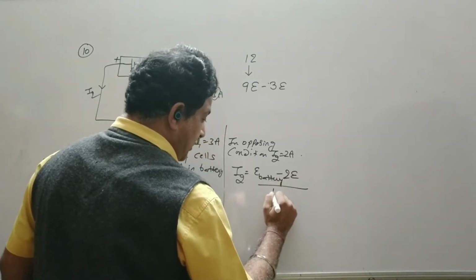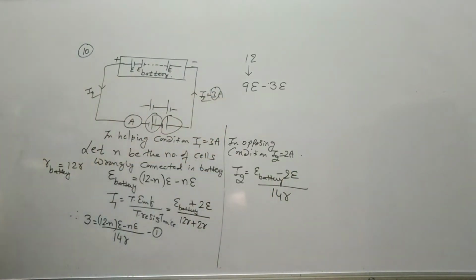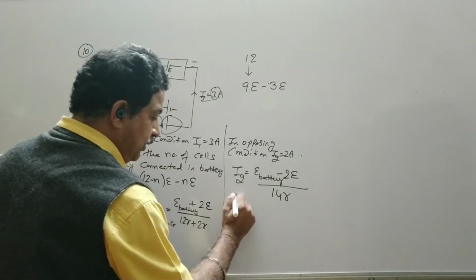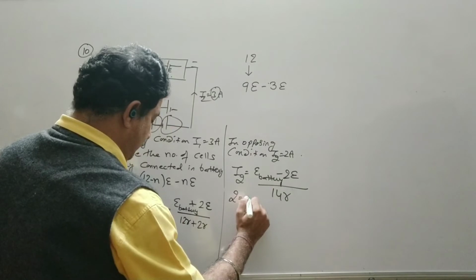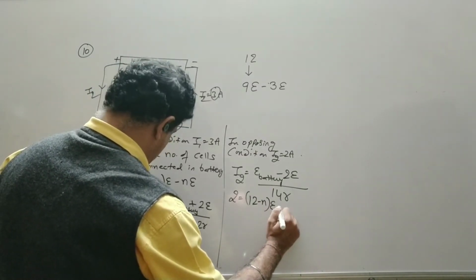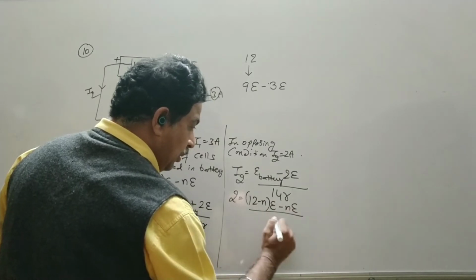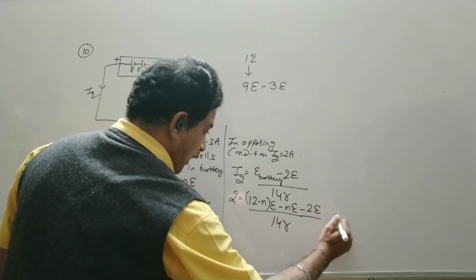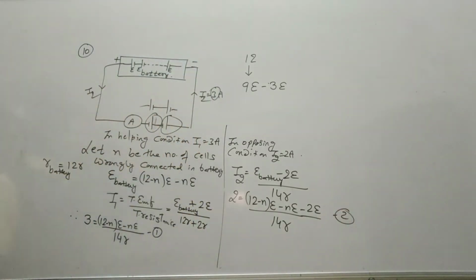Internal resistance will remain 14R only. So this is your equation number 2: I2 is equal to 2 is equal to E battery, that means (12 minus n)E minus nE minus twice E, upon 14R. That is equation number 2.